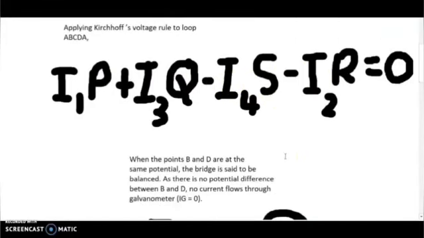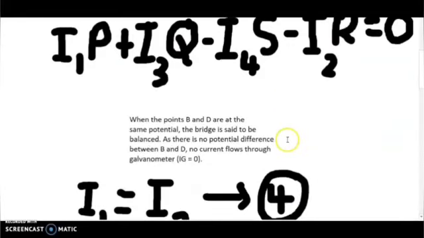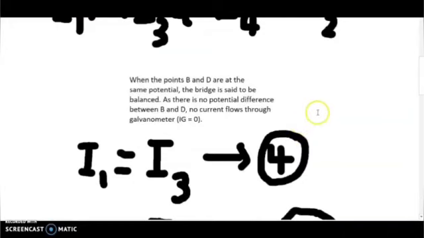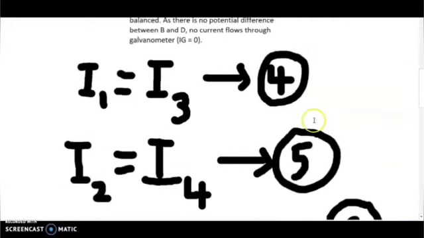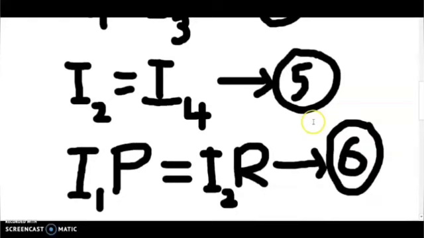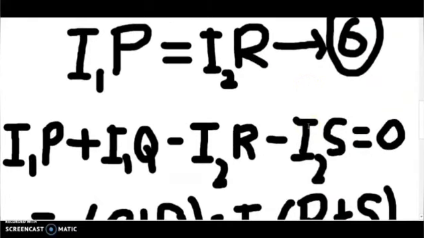As the points B and D are at the same potential, the bridge is balanced and no current flows through the galvanometer because there is no potential difference, and hence Ig is equal to 0. Substituting Ig equal to 0, we get I1 is equal to I3, I2 is equal to I4, and I1P is equal to I2R.